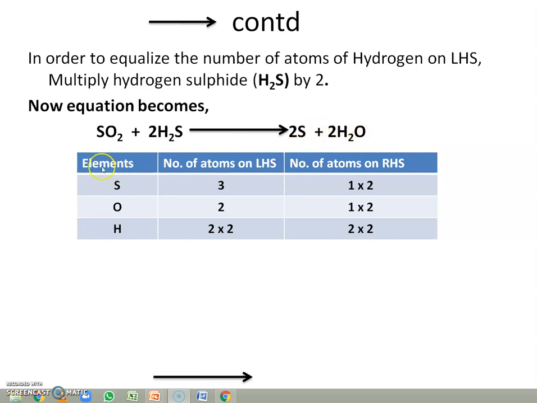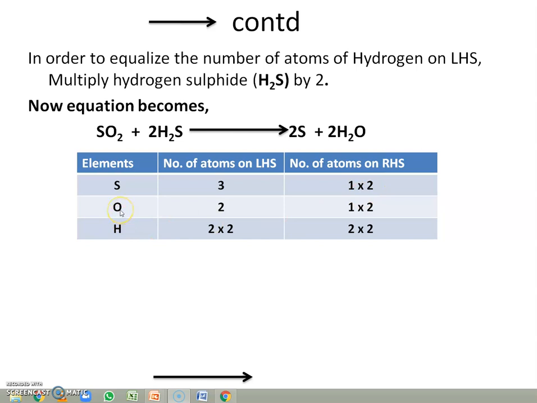When we arrange the table, in this table you will find that now the sulfur atoms on the reactant side become 3, 1 atom from SO2 and 2 atoms from H2S. Now they become 3. On the product side, now they are 2.